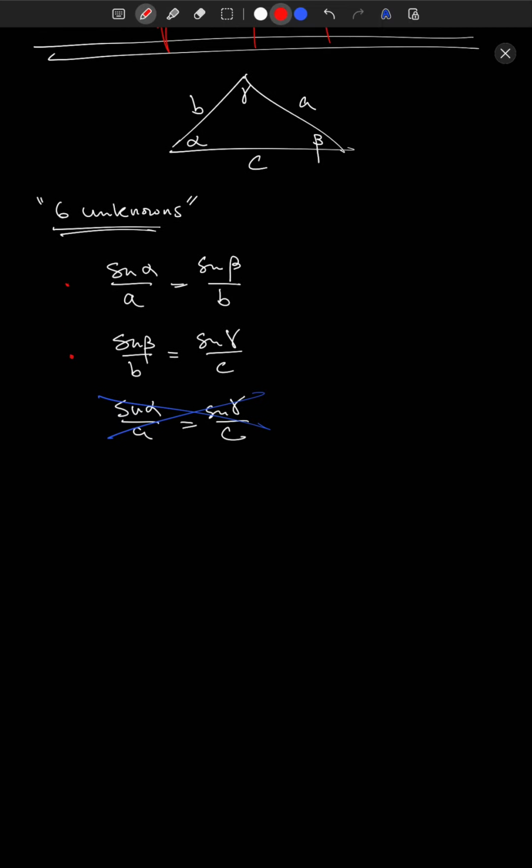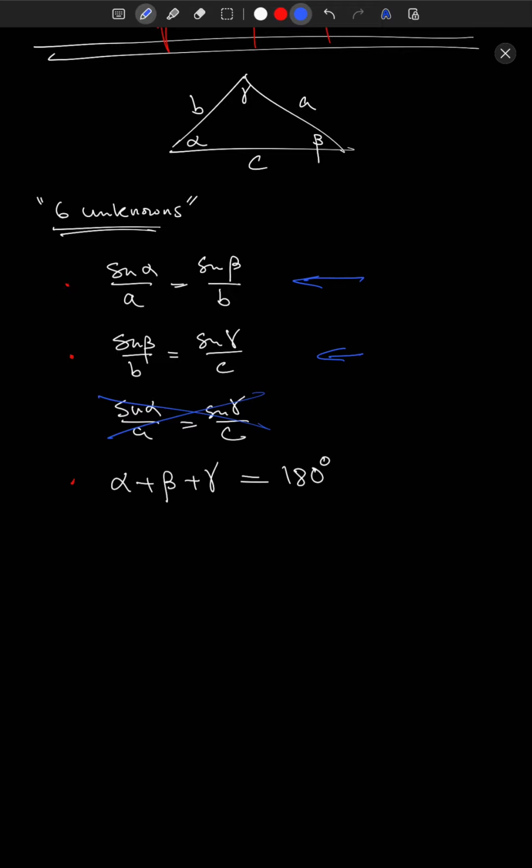All right, what else do we know? We know this is a triangle, and so we actually know that alpha plus beta plus gamma is equal to pi, or we're using degrees in this section, so 180 degrees. So just from the fact that we have a physical triangle, we have three relationships.